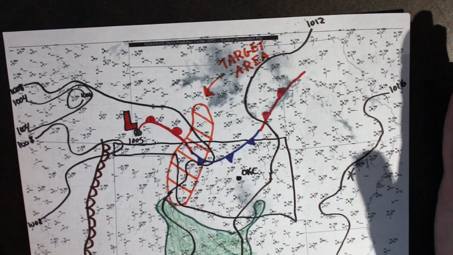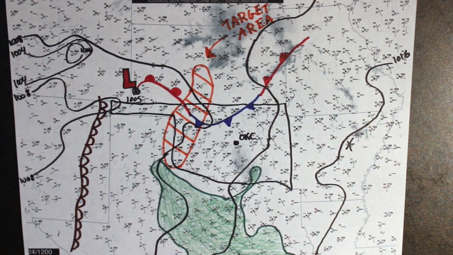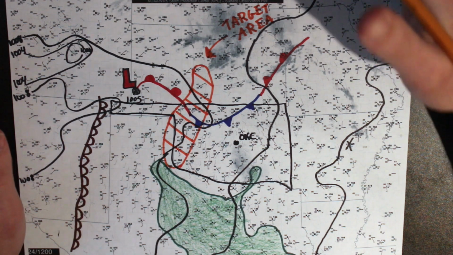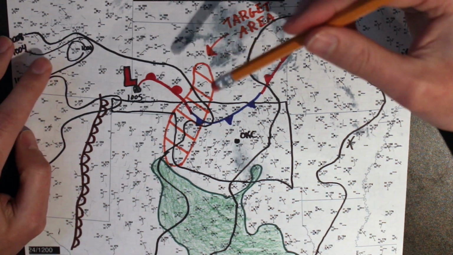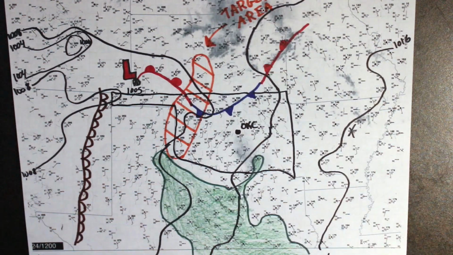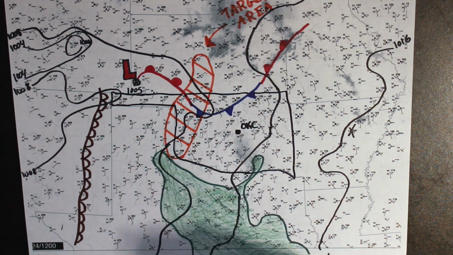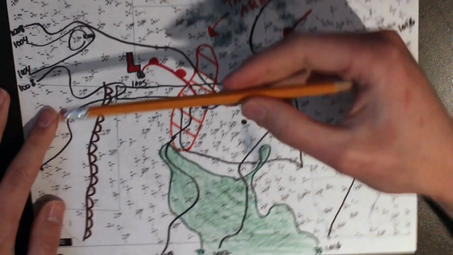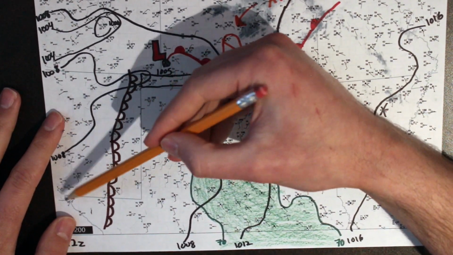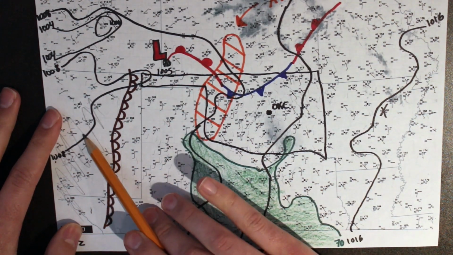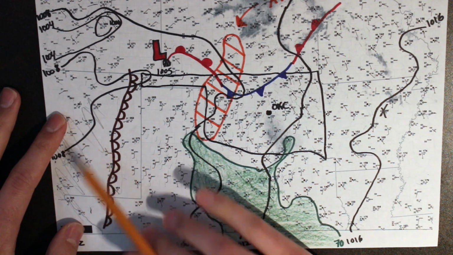Okay, so now we did the 12Z map, and we can already say so much about this map, and I hope you see it. You need to be able to identify these features, and here's how you do it. I'm going to go through this map in detail because this is important, but the other maps I'm going to expect you to know these things. Behind the dry line, we said that this is really dry. There will be no storms behind this dry line.